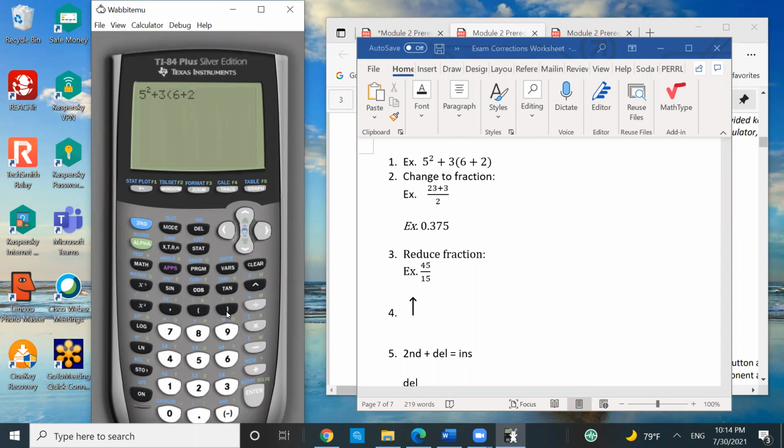Close the parentheses here, and then hit enter. That's 49.